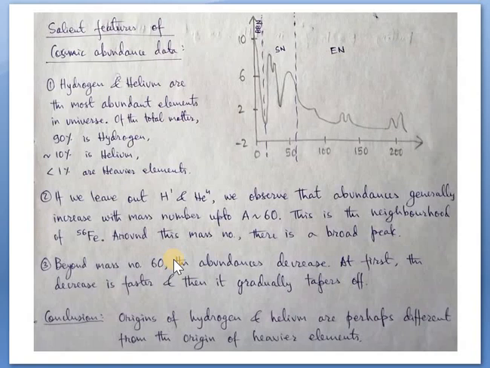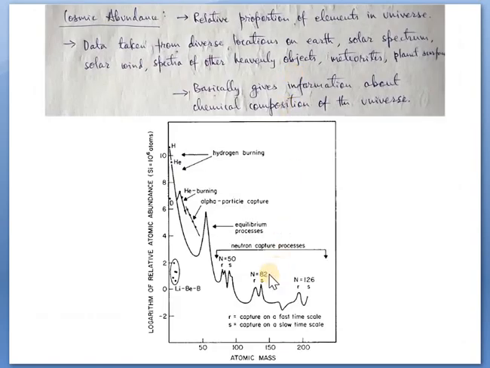The second thing to note is that if we leave out hydrogen and helium, then we observe that abundances generally increase with mass number up to mass 60. This is the neighborhood of iron-56. Around this mass number there is a broad peak, you see.